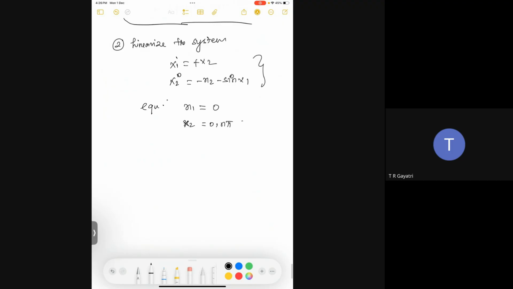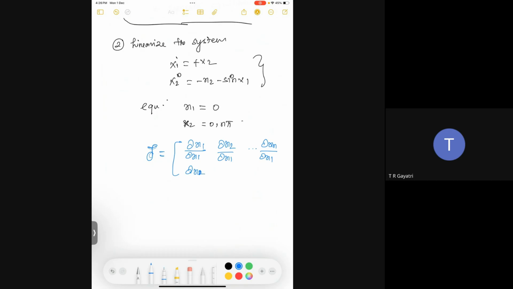Now we are going to linearize the system. You all know the Jacobian matrix, right? The Jacobian matrix J will be dou x1 by dou x1, dou x2 by dou x1, up to dou xn by dou x1.